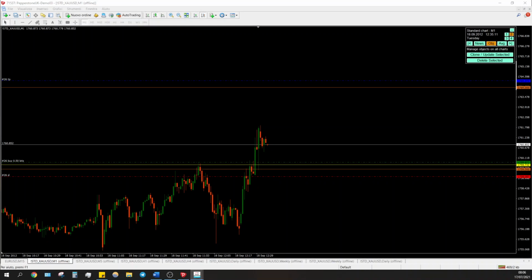I want to break even and close 0.4. Okay, close. And leaving the rest run risk free. So now we are not worried anymore. We just want to see price getting to our target.